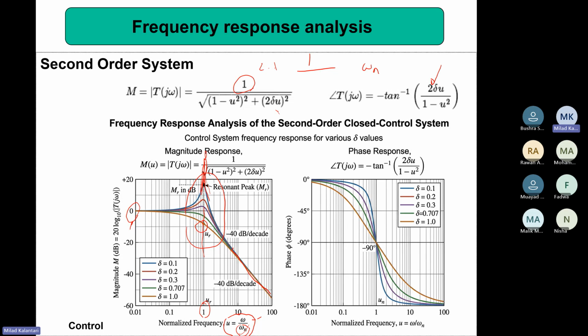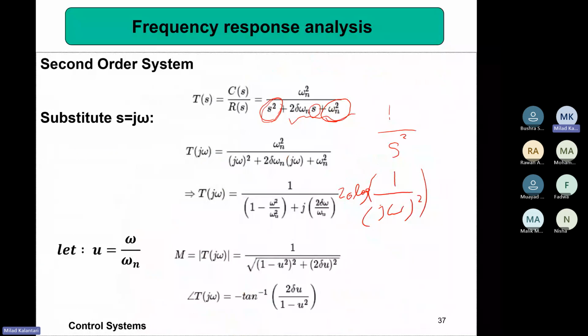And how about the phase? The phase is almost similar to the other case. Basically, this is a second order pole. So at very low frequency, you can see that there is no phase shift. At very high frequency, as I mentioned here, you can just assume that the system is just j omega squared, right?